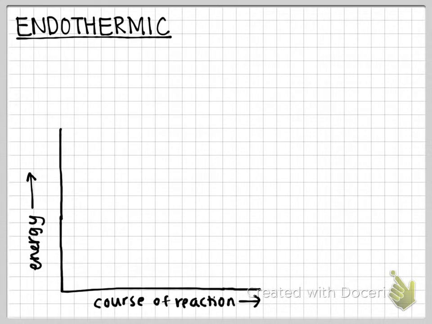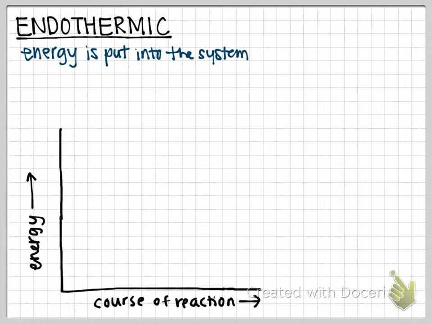The next part is the difference between endothermic and exothermic reactions. Endothermic is when energy is put into the system. You could also think of it as energy being absorbed.